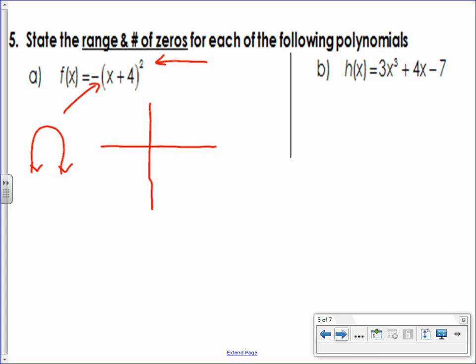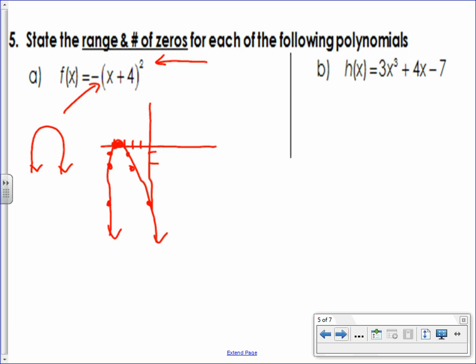So it's going to go to the left 4. And my points, it's going to look like this guy. I'm sure yours looks a lot prettier, but it's fine. Okay, and this goes through the points, negative 4, 0.